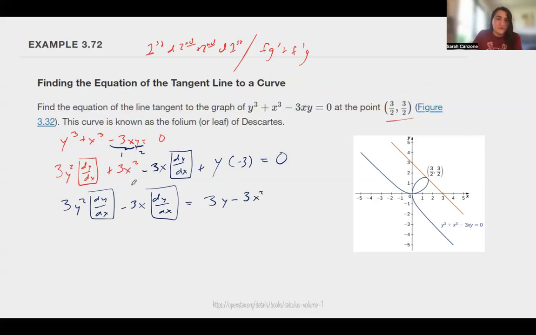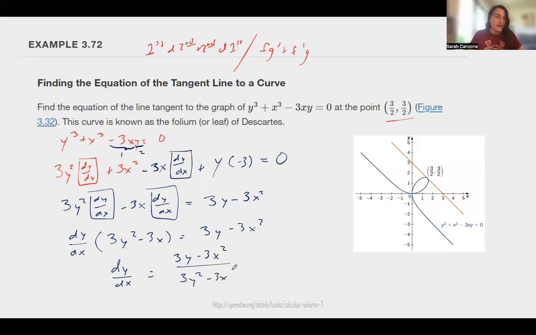Now I see that I have two of the same thing, which means that I can factor out a dy/dx. So dy/dx, and when I factor that out, I'm just left with whatever is next to them, which is 3y squared minus 3x, equals whatever we had before. The last step is just to divide what we don't want on the left-hand side over to the right-hand side. So we have dy/dx equals 3y minus 3x squared all over 3y squared minus 3x.